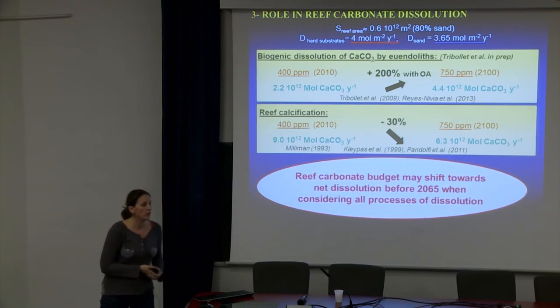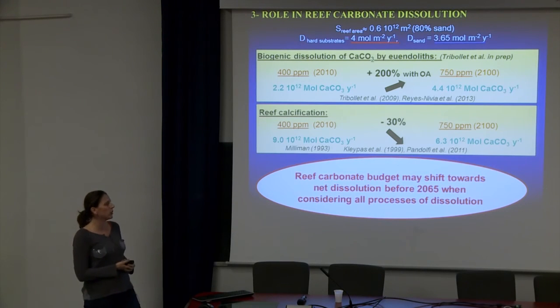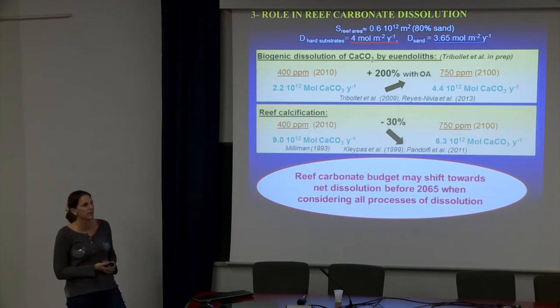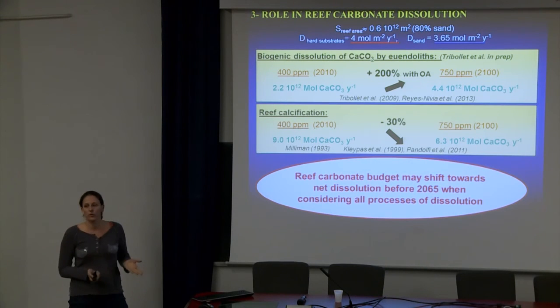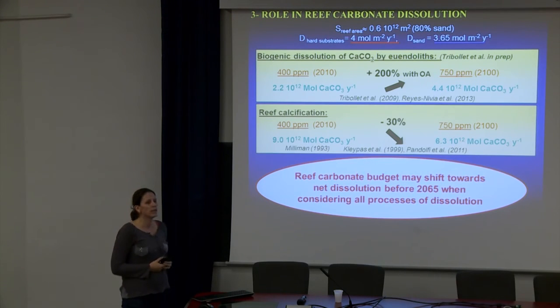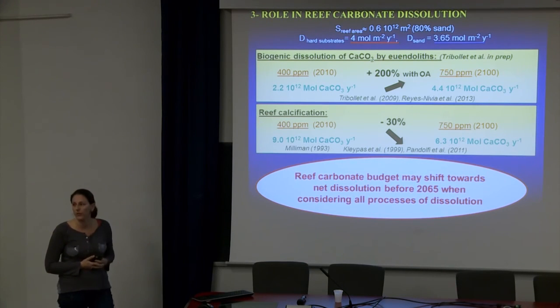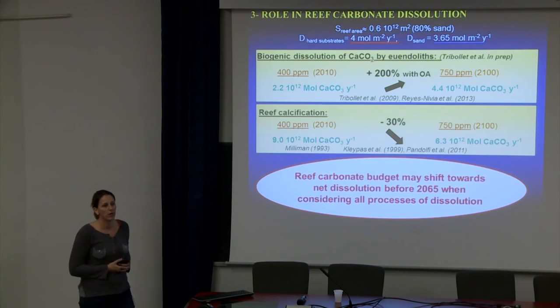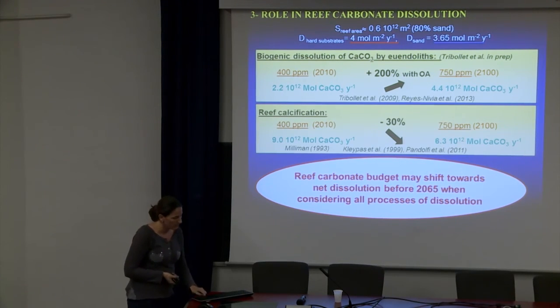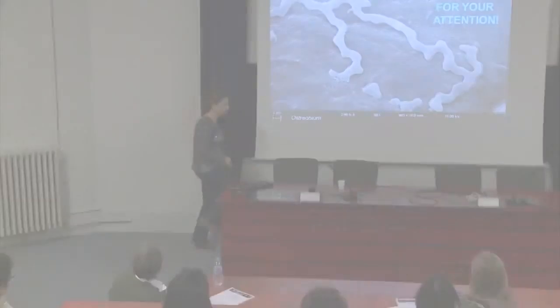Now, if we consider boring sponges, which are also dissolving calcium carbonate in coral reefs, the bacterial activity in sand, and chemical dissolution of, for instance, high magnesium calcite in reefs, then based on a recent model, we estimate that coral reefs will shift to a net dissolution budget before 2065. So it's really a relevant process. Well, thank you for your attention.